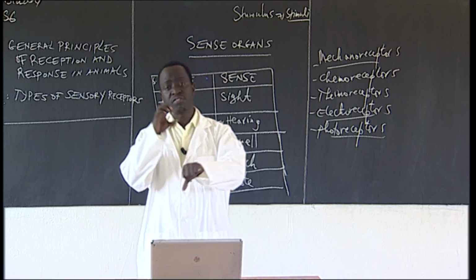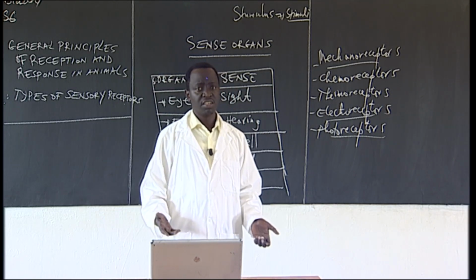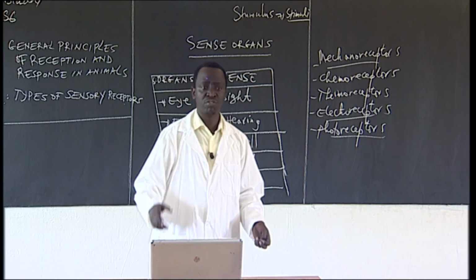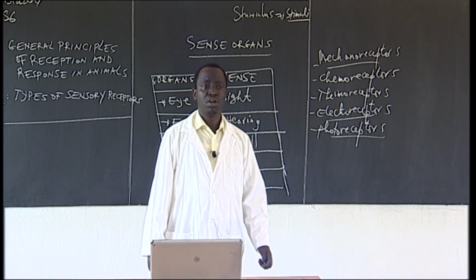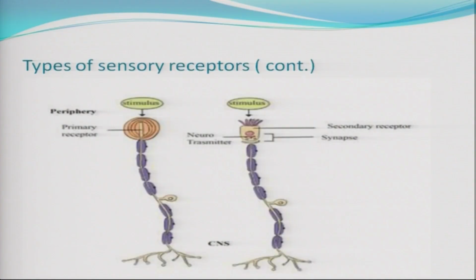For example, we can have thermoreceptors and mechanoreceptors on the skin. It's a group of receptor cells. That is what you call complex receptors.